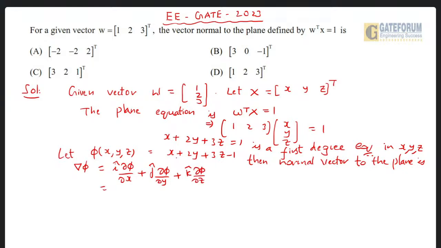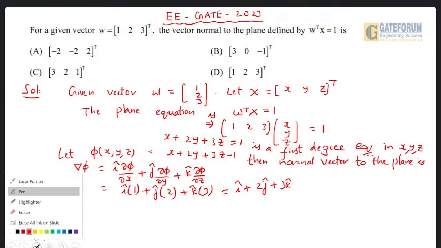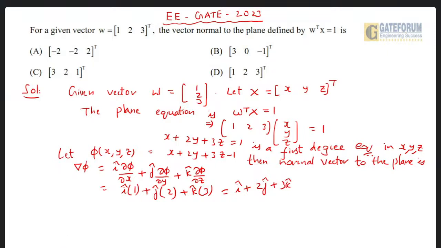With respect to x the partial derivative is 1, with respect to y it is 2, with respect to z it is 3. So this is i cap into 1 plus j cap into 2 plus k cap into 3. This is the normal vector, that is i cap plus 2j cap plus 3k cap. This is a very, very important step.